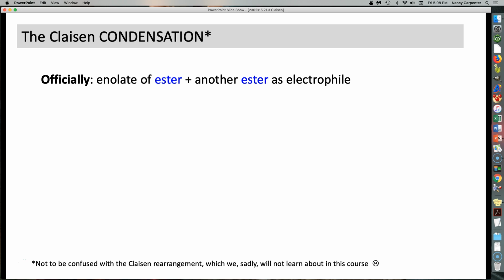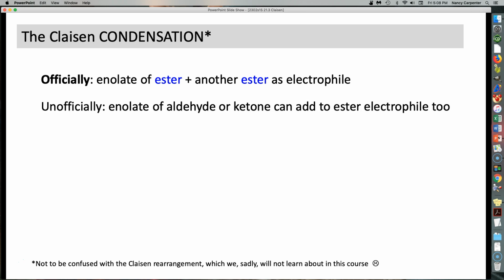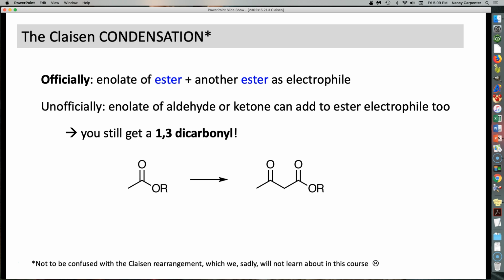It could be a self-Claisen condensation, just like we saw self-aldols. But really, if you have the enolate that can add to an ester, we'd call that a Claisen condensation too. So bottom line is, enolate plus ester gives you a 1,3-dicarbonyl.